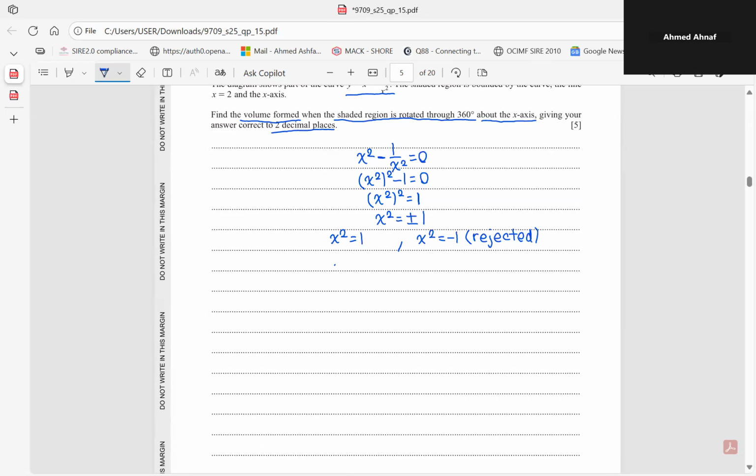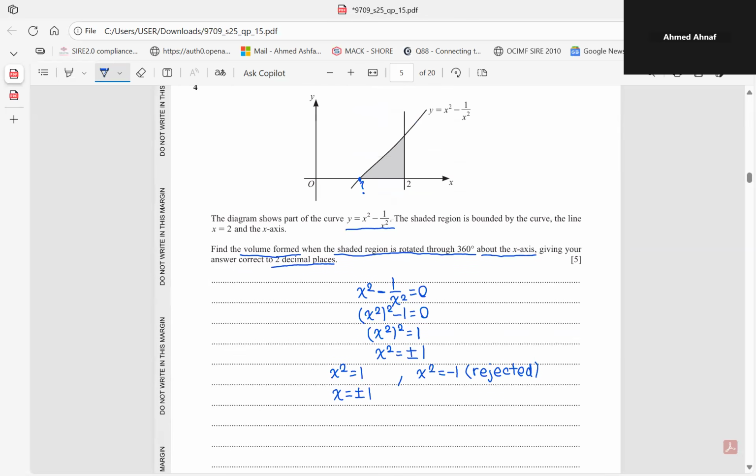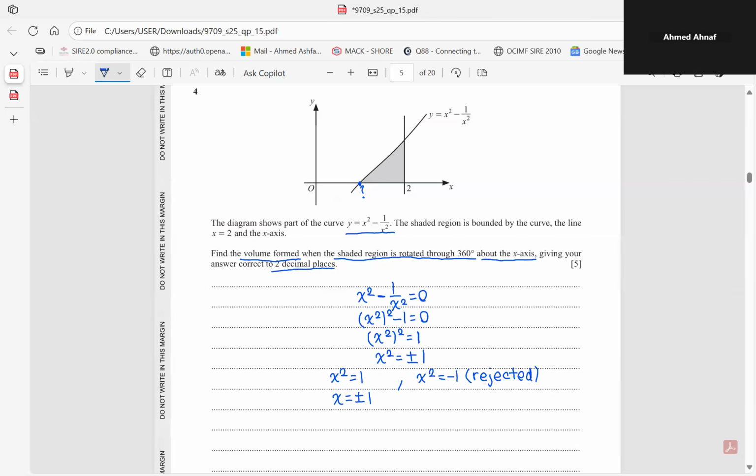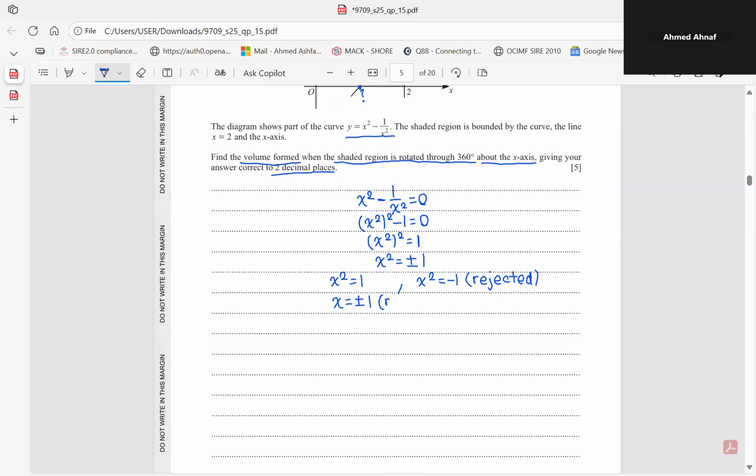Now let's take the square root again. We'll get x equals plus or minus 1. And we can clearly see from our diagram that the lower limit is more than 0 because it's to the right of the y-axis. So again, we're going to reject negative.